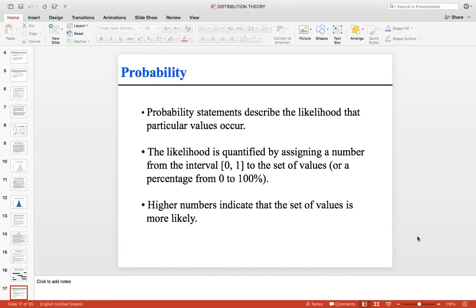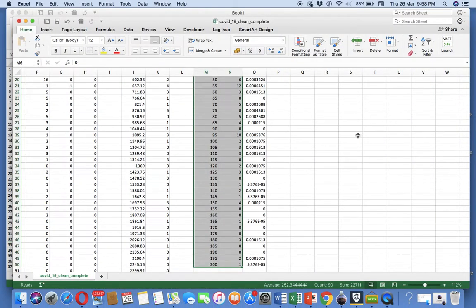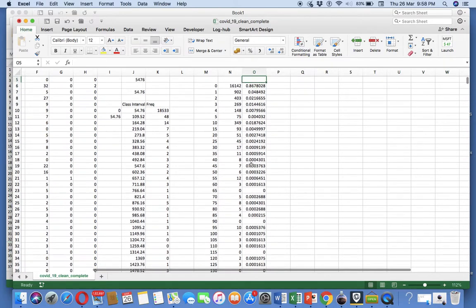Higher numbers indicate that the value is more likely to occur. We'll go back to this example, and from it we can see that the probability that there will be zero deaths is 86%.